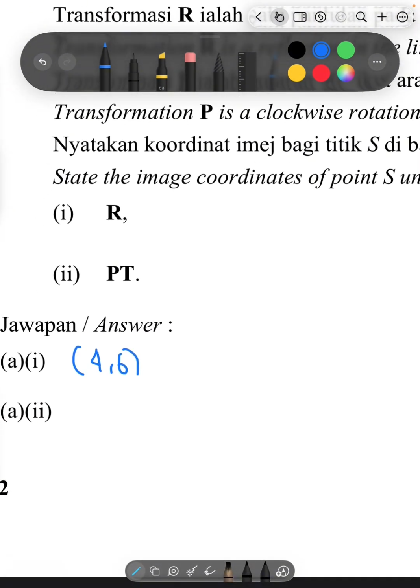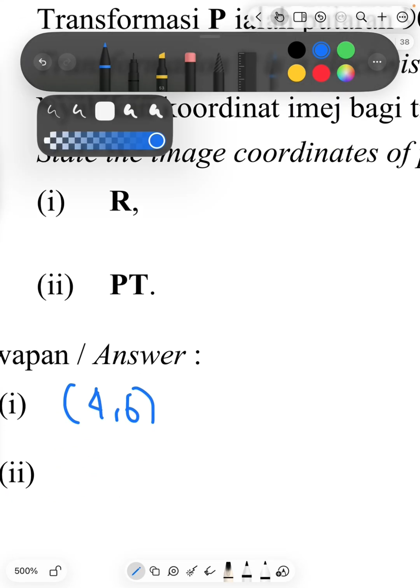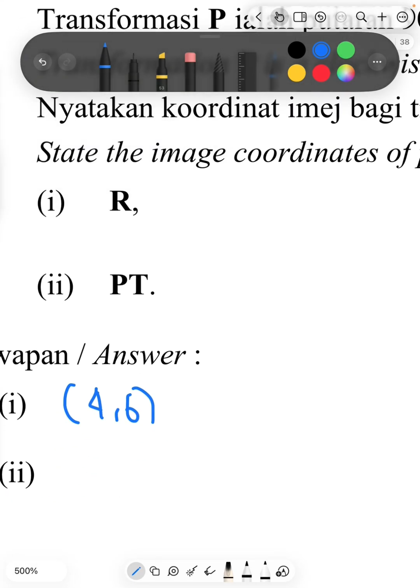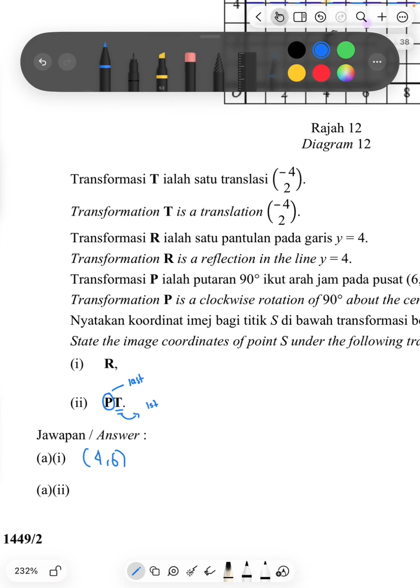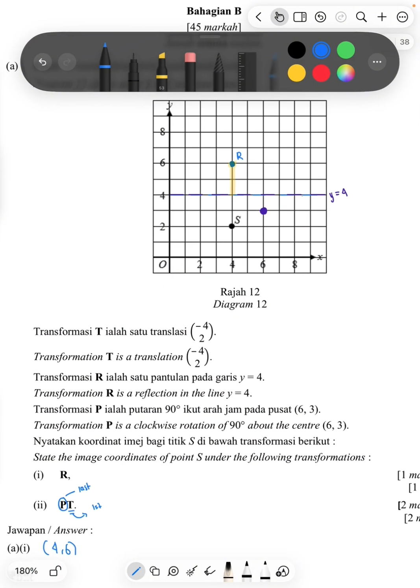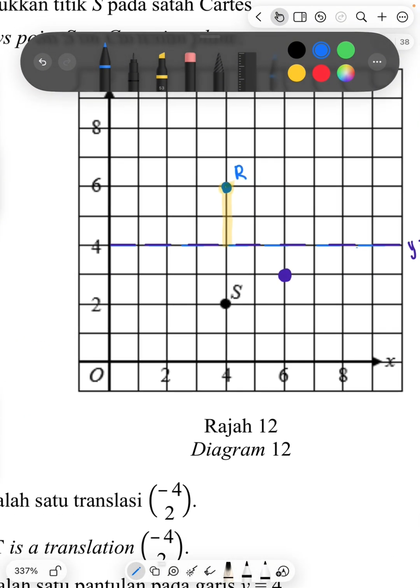Now for PT. Remember, T, the last letter, is the first transformation. P will be the second. Or to make it easier, the last. So do T first. T is a translation, (-4, 2).